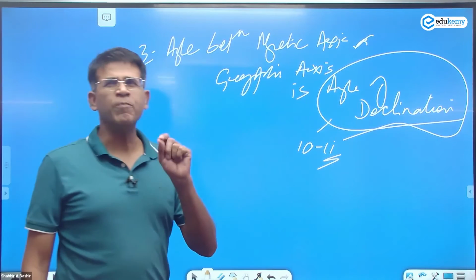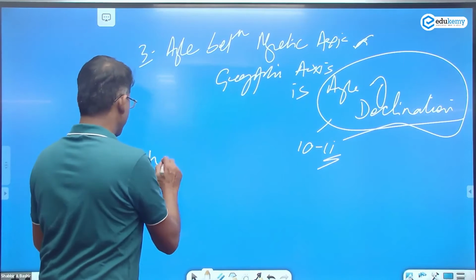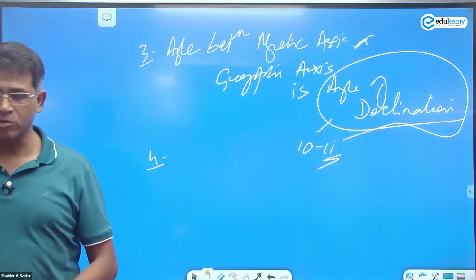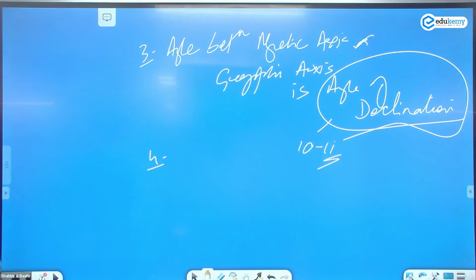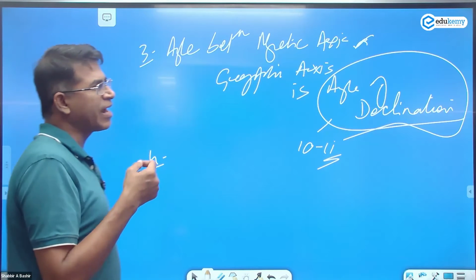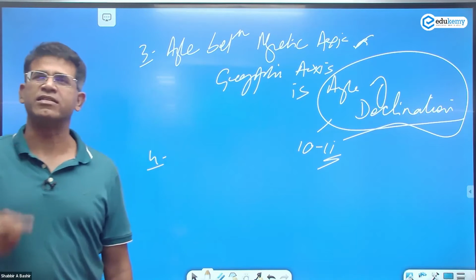But then just add a fourth point, that the magnetic poles are known to shift slightly, because of which the declination angle can change.